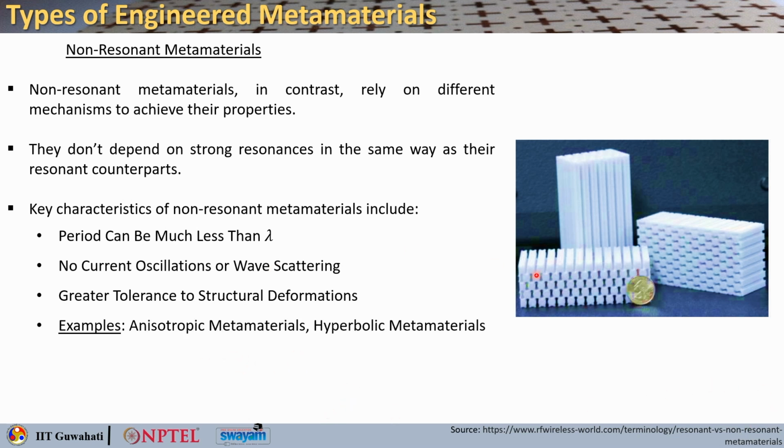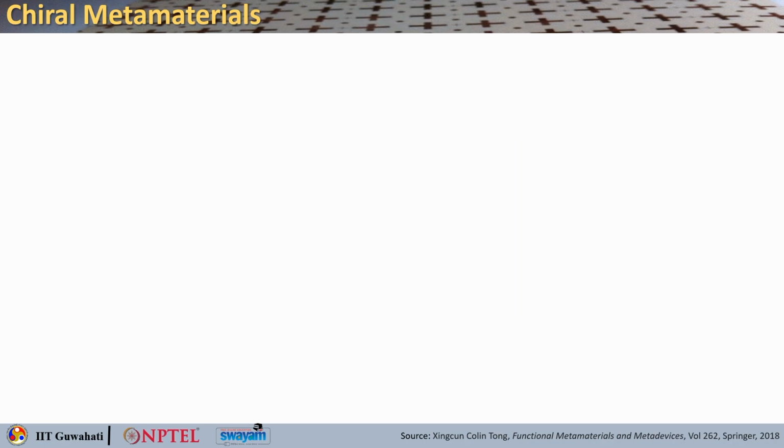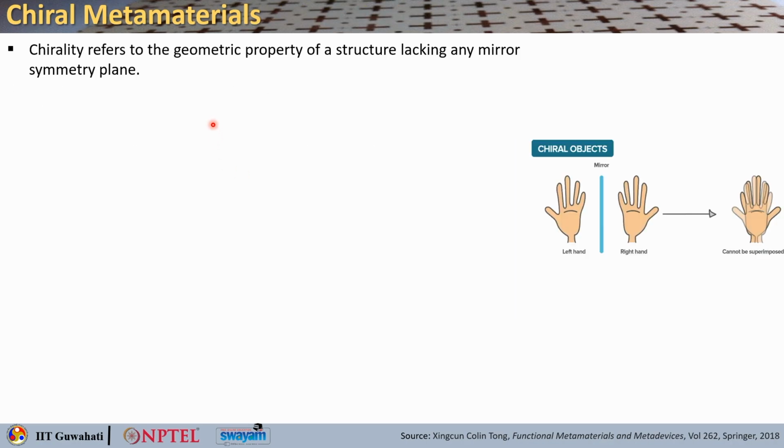So, what are the examples of this kind of metamaterials? They are anisotropic metamaterials, they are hyperbolic metamaterials, and these metamaterials exhibit different properties depending on the direction of propagation of the electromagnetic waves. So, another important metamaterial that we will encounter today is chiral metamaterials. Now, what is chiral, or you can say what is chirality?